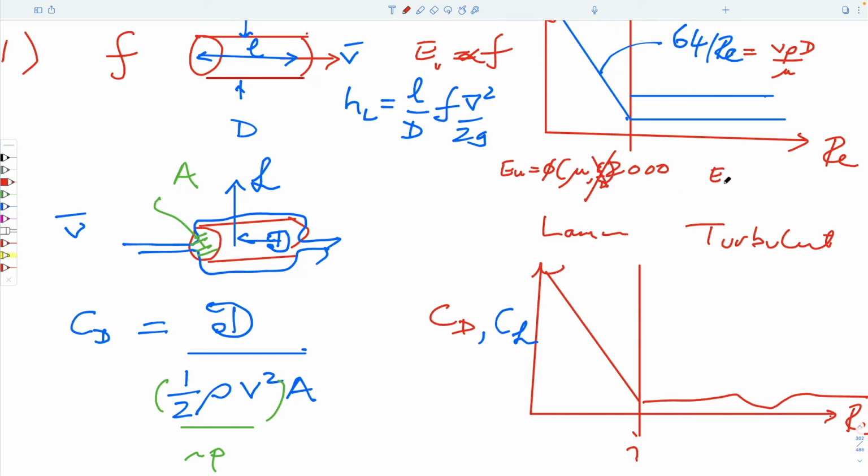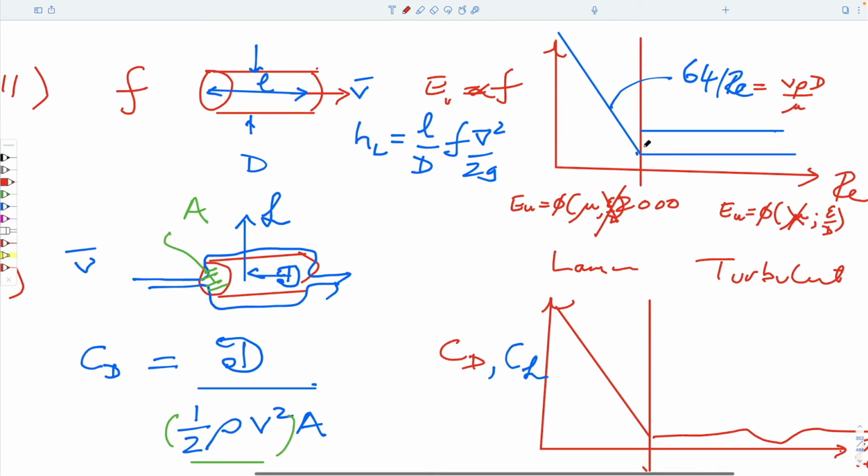And in this part here, the Euler number, or the friction factor, is a function of viscosity, but epsilon over d. And we know that because here, this line is exactly horizontal, so it's independent of the Reynolds number you choose, which varies with this, you get the same friction factor on this axis, right?